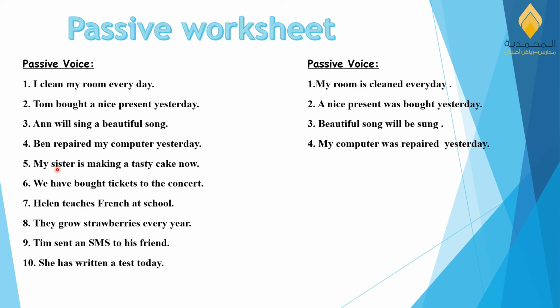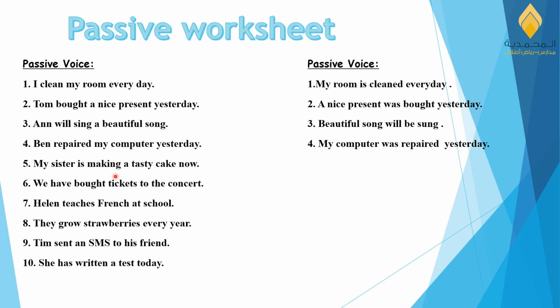5. My sister is making a tasty cake now. Where is the object? A tasty cake. What's the tense of the sentence? It's present continuous. What's the correct form of the present continuous?